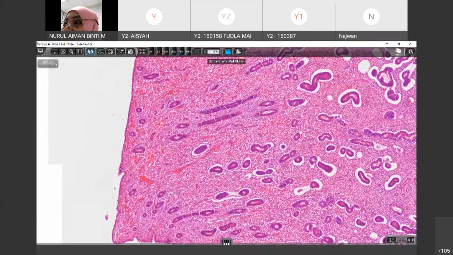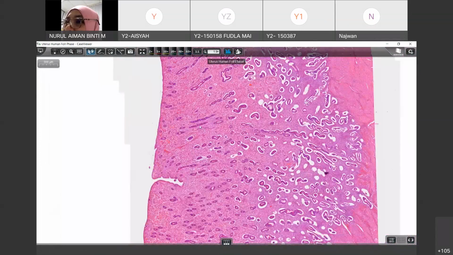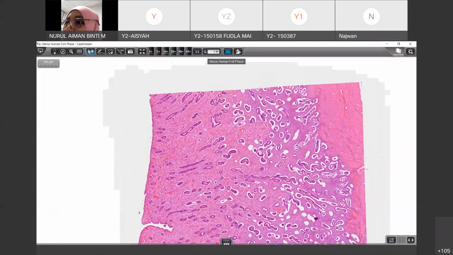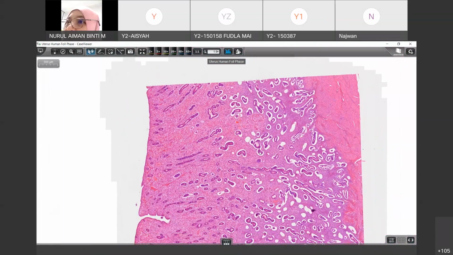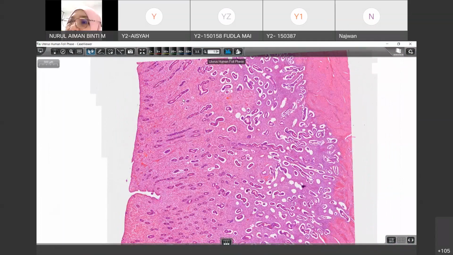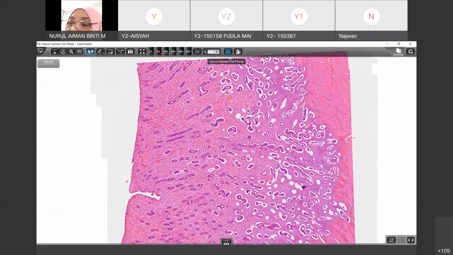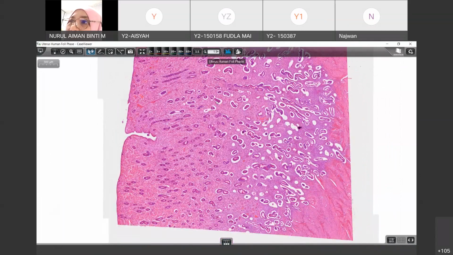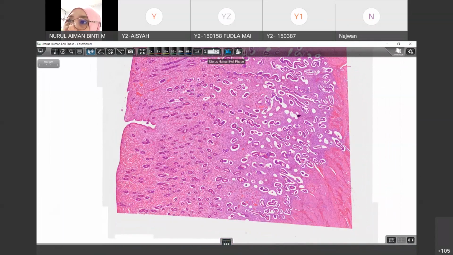What can you see as the characteristic features of this gland? This one is just a straight gland, not zigzagged. This is maybe the early phase, the follicular phase, or you can call it the proliferative phase.